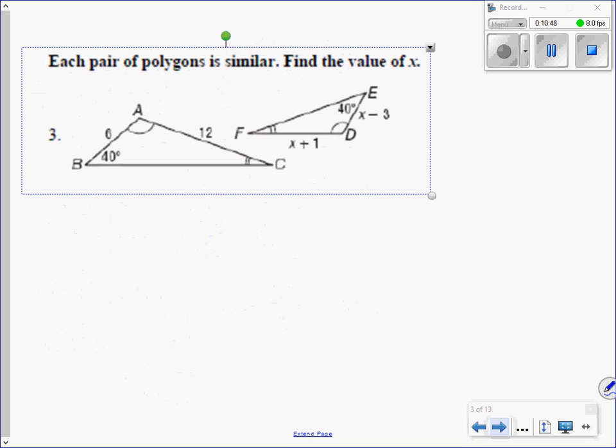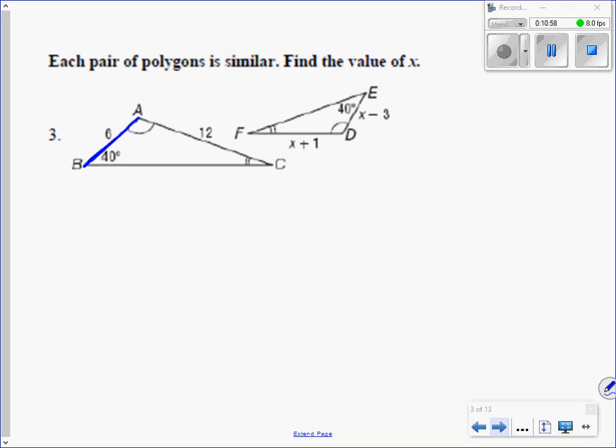These triangles are similar. We need to find the value of x. So let's look for some corresponding sides. Okay? So AB corresponds with, that's the shortest side, x minus 3. Okay?